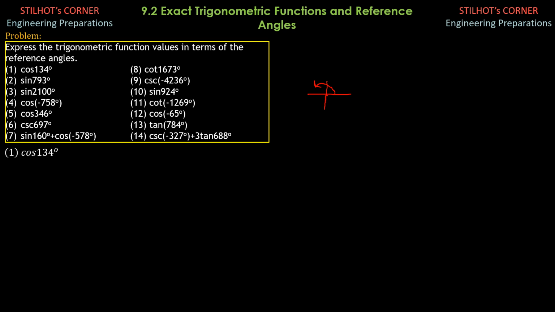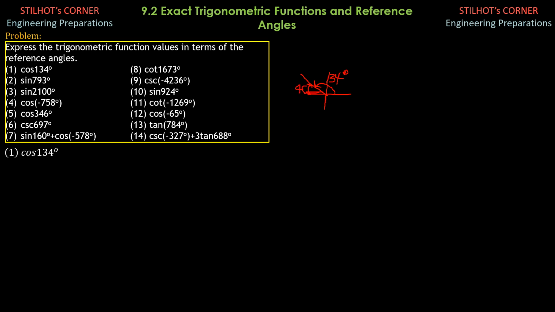So if this angle is 134 degrees, then the reference angle is this angle here, the acute angle between the terminal side of the angle and the x-axis. So this angle here is 180 minus 134, and that is 46 degrees.